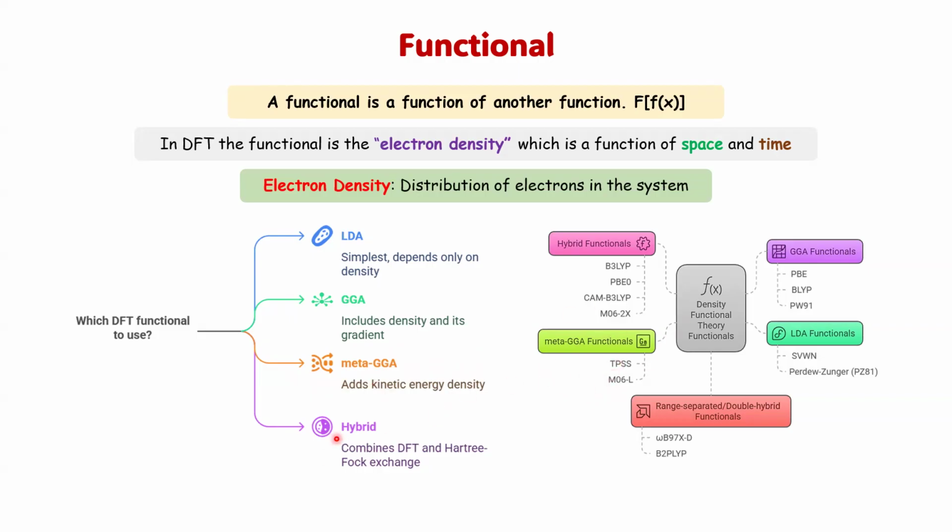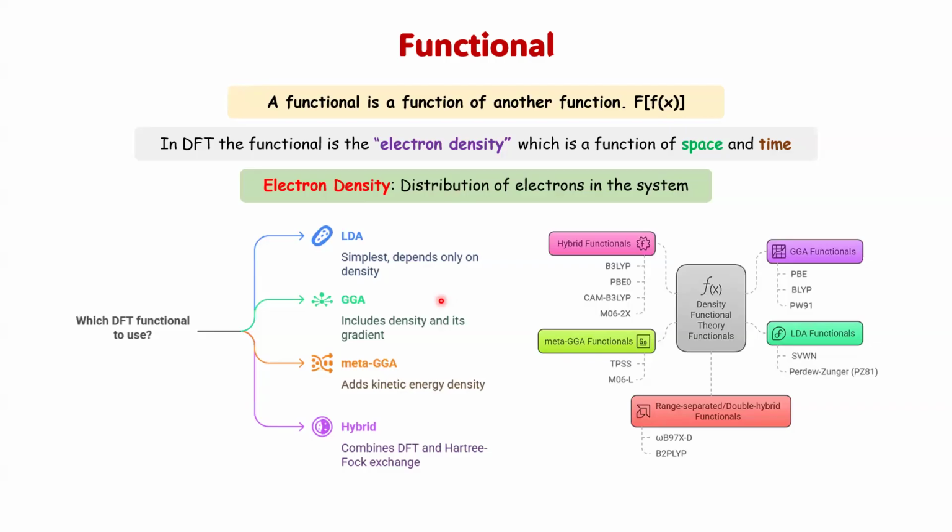And the fourth one is the hybrid functionals. Hybrid functionals are a mixture: a mixture of some portion of the LDA-type exchange correlation, and some portion of the GGA or meta GGA exchange correlation.